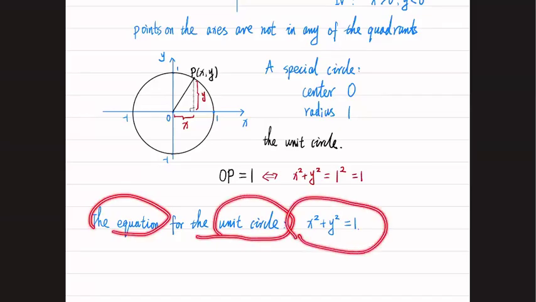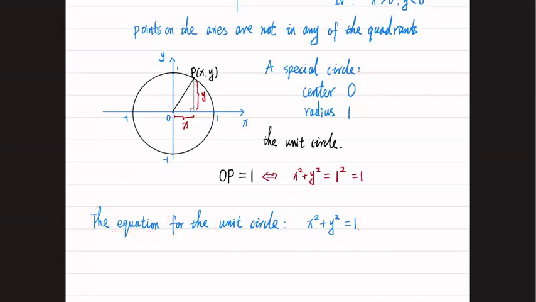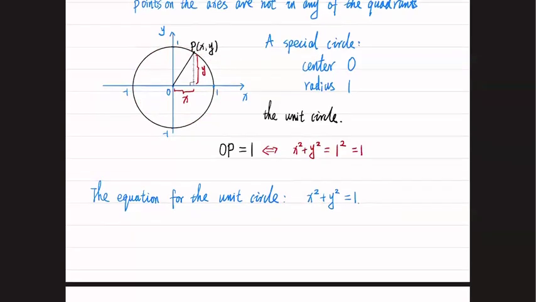It means for any point on this circle, the coordinates x and y satisfy this equation. On the other hand, for any x and y satisfying the equation, the corresponding point is on the unit circle. So two ways.